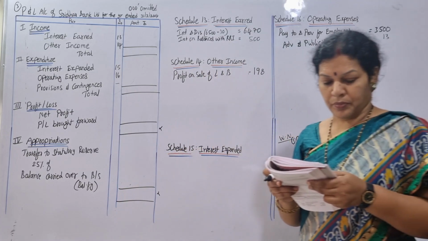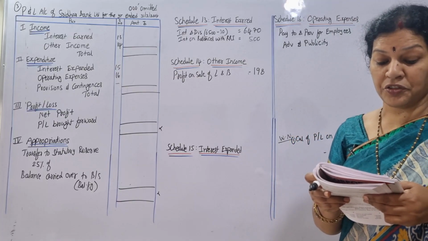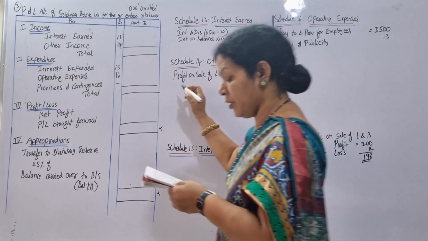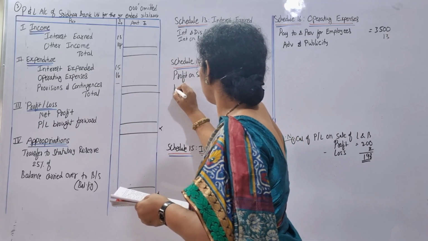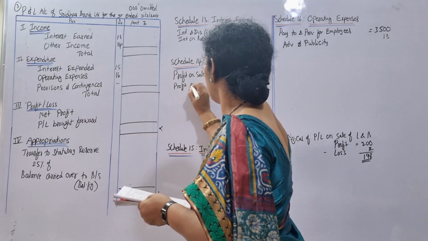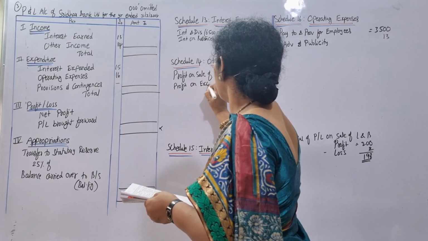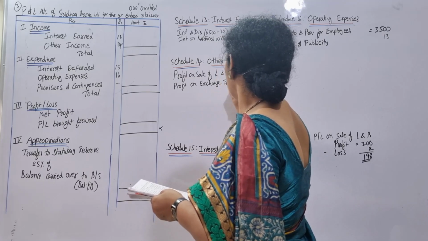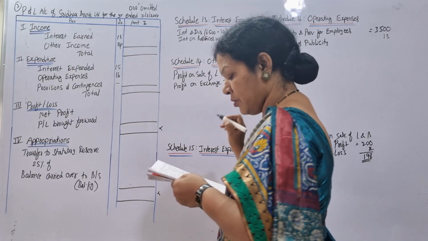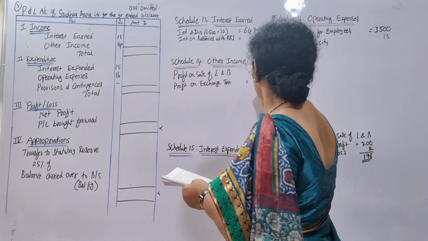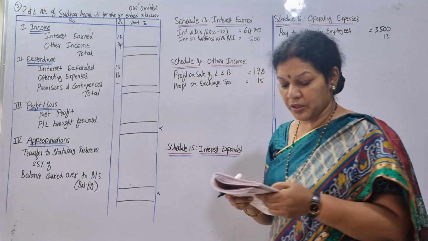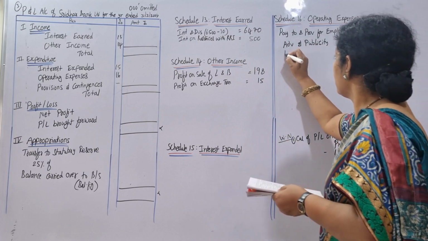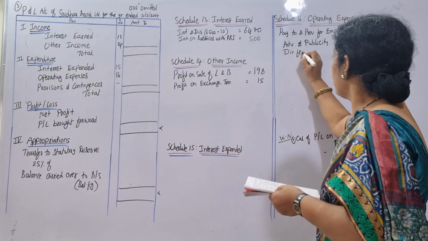Next, profit on exchange transactions. So this is also schedule number 14. Income, other income, profit we got. Profit on exchange transactions. This is how much? 15. Next, director's fee and allowances, operating expenses, director's fee and allowances.